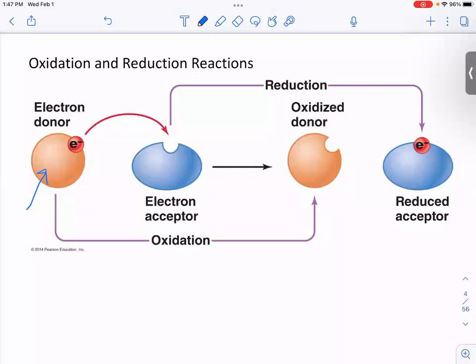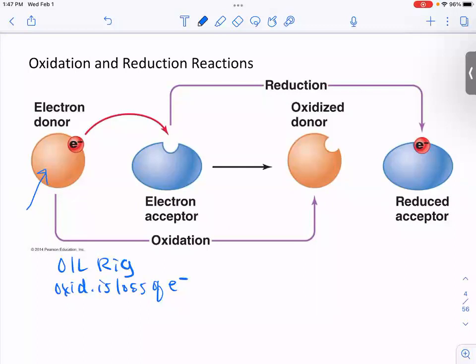You've probably heard the mnemonic OIL RIG. Oxidation is loss of electrons. When a molecule gains an electron, that's called a reduction.